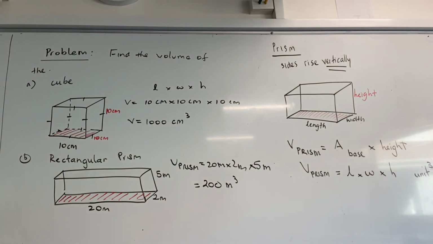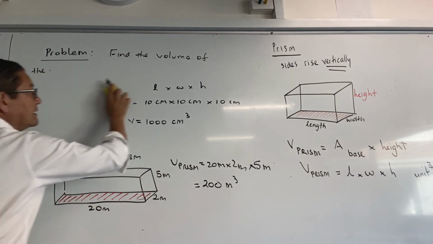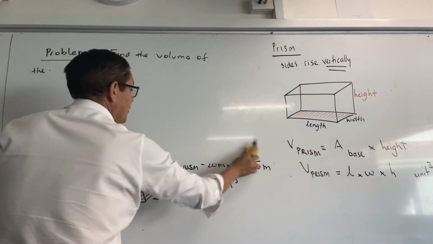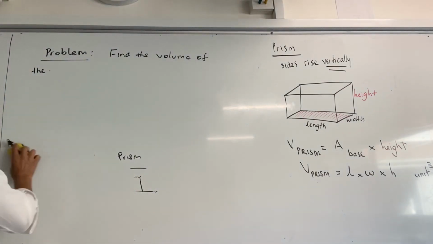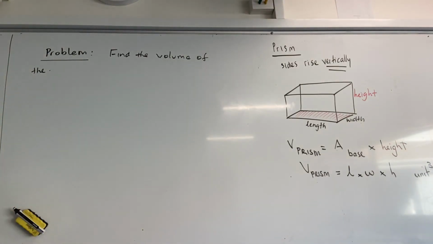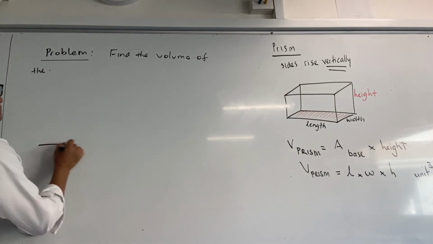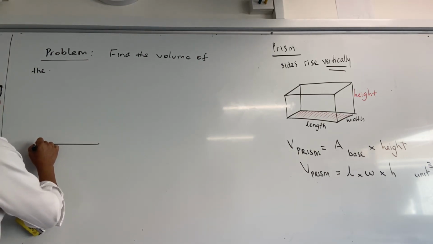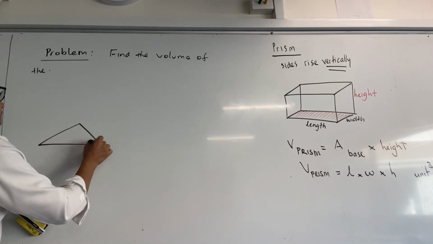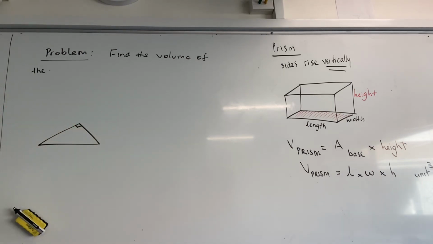Now, these are prisms because the sides are vertical, right? What happens though, if I take something that looks like this, okay? That's a right angle triangle, 90 degrees.